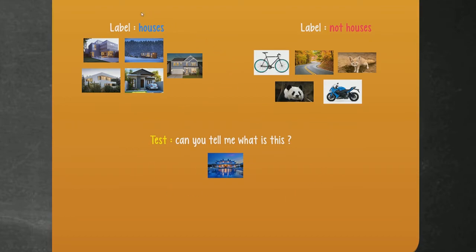We want to train our model on these with the label yes, they are houses, which means y equals 1, and on these with the label that they are not houses, which means y equals 0. So we have a logistic regression problem.